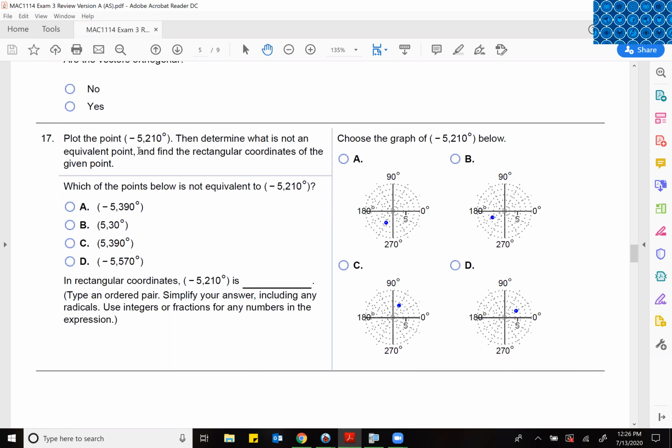Super important on that. So graph it as if it's a +5 first. So 1, 2, 3, 4, 5. Okay. Hold on, I'm going to show you my graph in just a second.